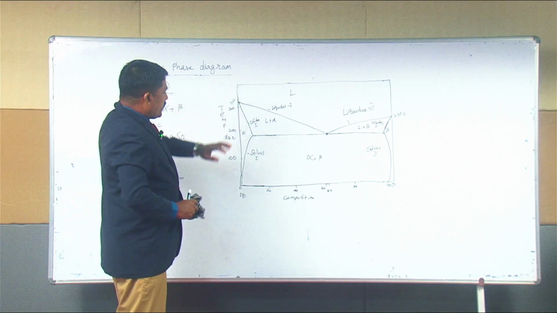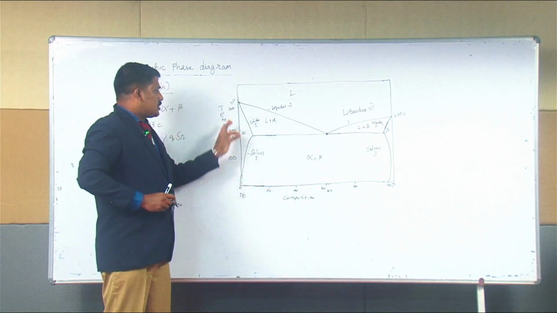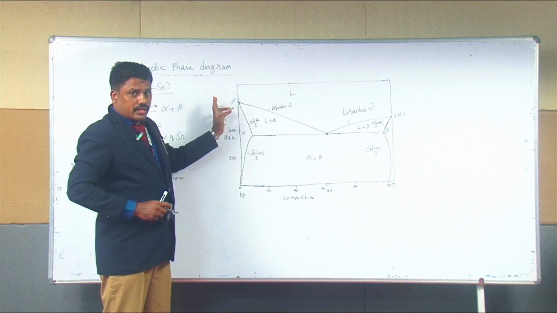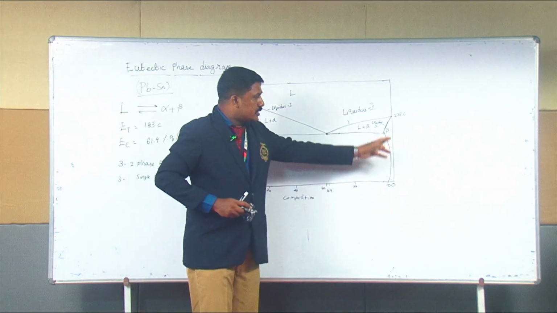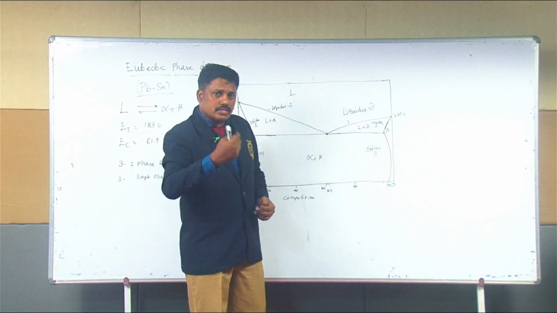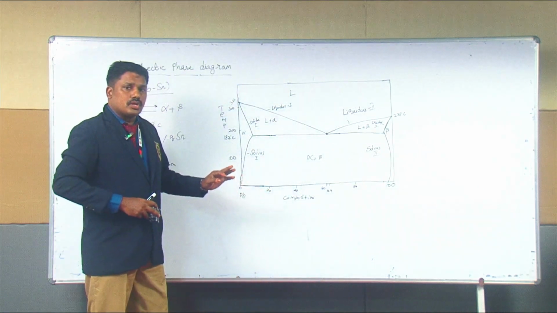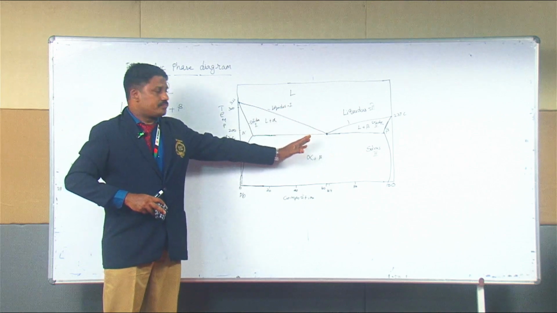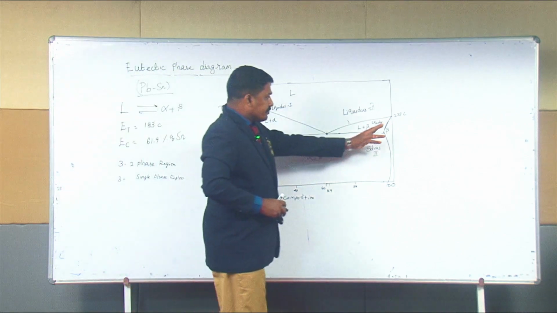The melting point temperature of pure lead is 323 degrees Celsius, and pure tin is 237 degrees Celsius. So the melting point temperature difference between the two components is not vast.